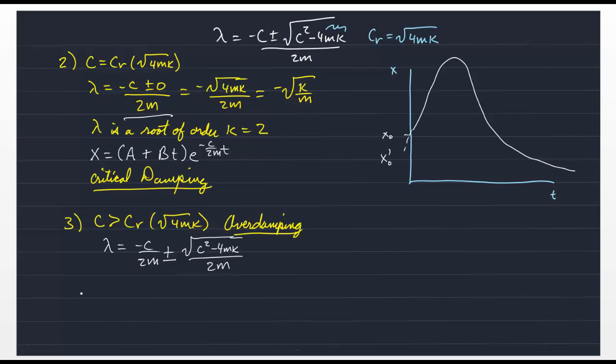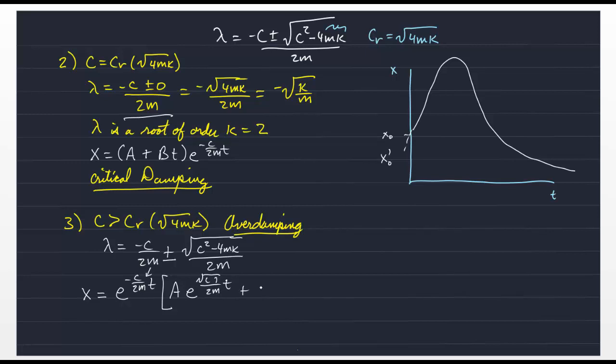And so here we have a solution. Our general solution we can break into two parts again. A part that's an exponential decay, that's this first part. And then we have two solutions representing the positive and negative of this. So this is a e to the positive square root, I'll put everything in the square root in parentheses, all over 2m times t.